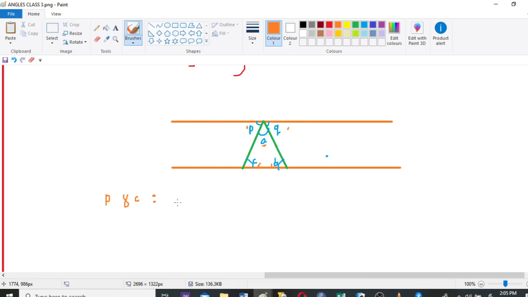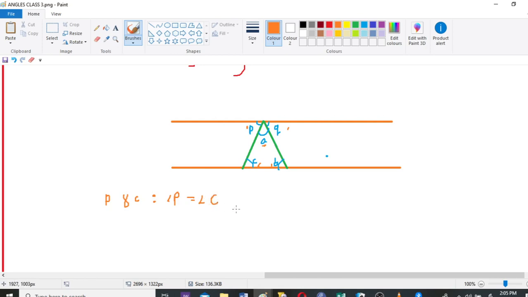From what we have discussed above, angle P is equal to angle C. Okay, they are alternate interior angles.